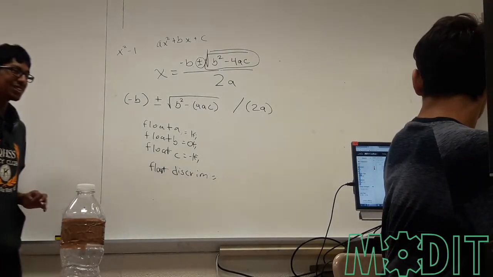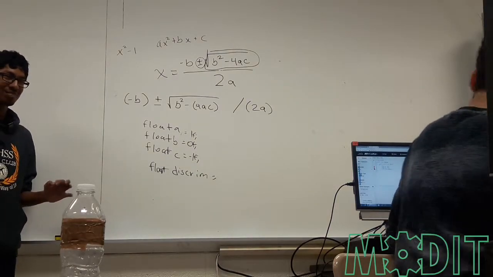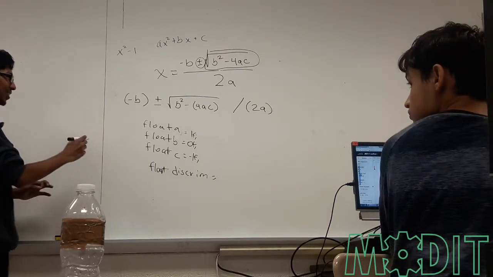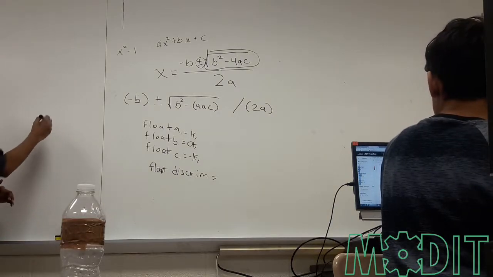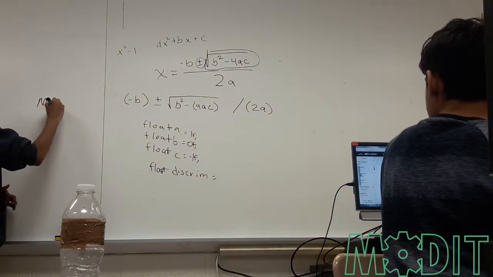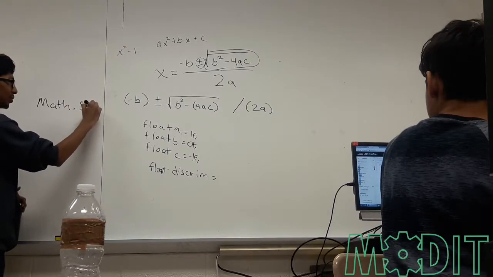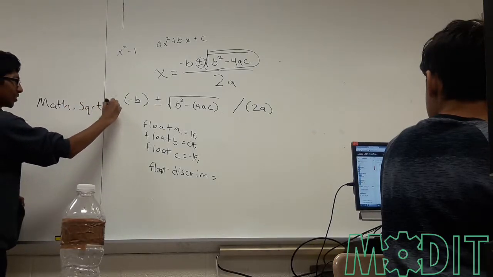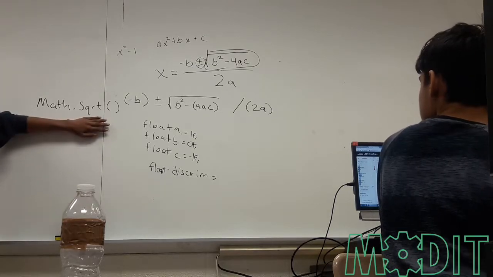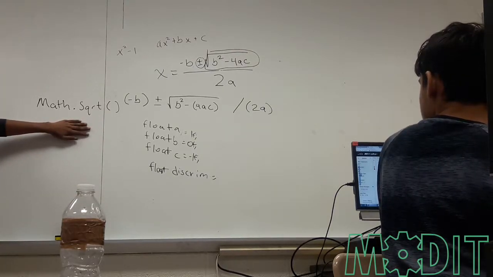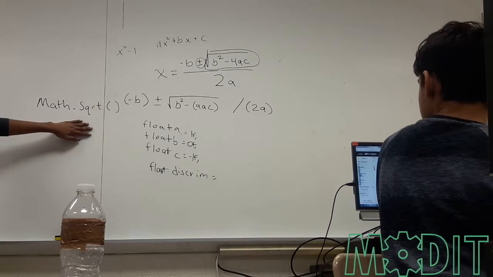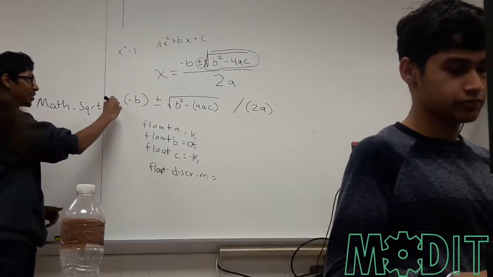So now we need to know how to do square roots. There's a function in the math class called math.sqrt. And so this is our square root function.